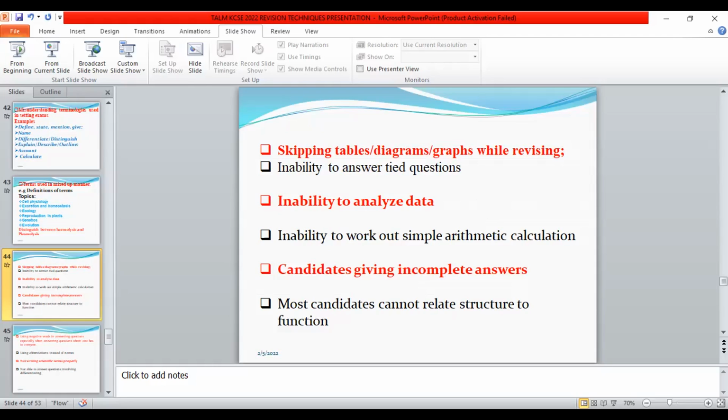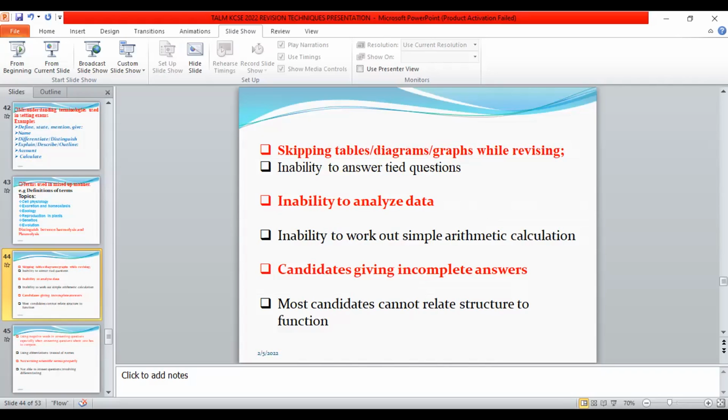The other reason, we have most candidates who are not able to relate the structures to functions. And the moment the student cannot relate this, for example, this is normally set in questions on adaptations.